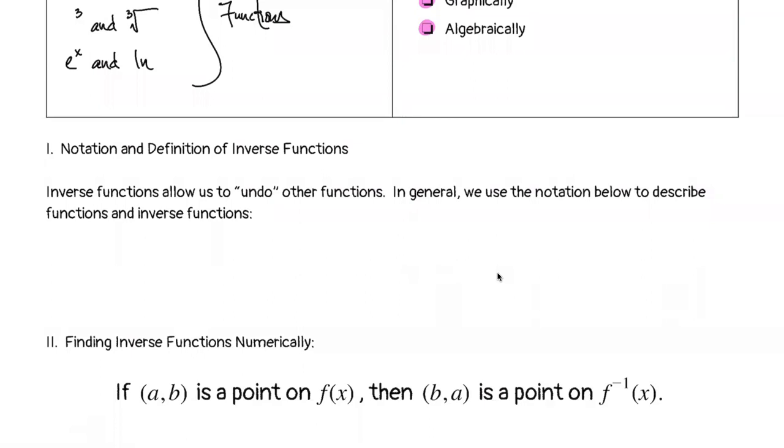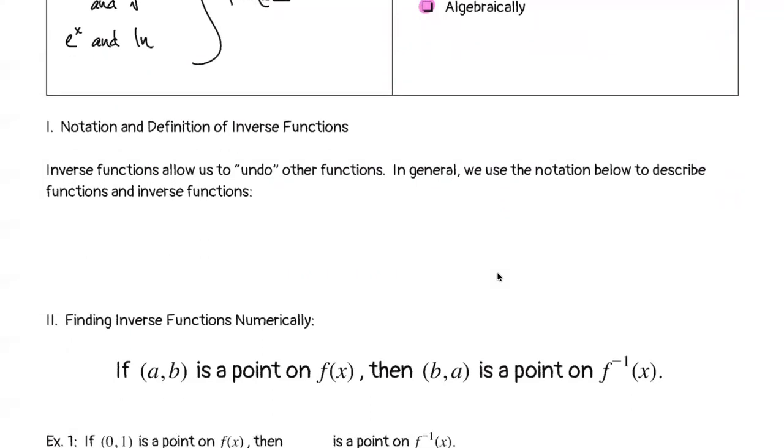So let's take a look at this definition. Inverse functions allow us to undo other functions, right? So this idea of a square and a square root, or adding and subtracting, these functions undo each other.